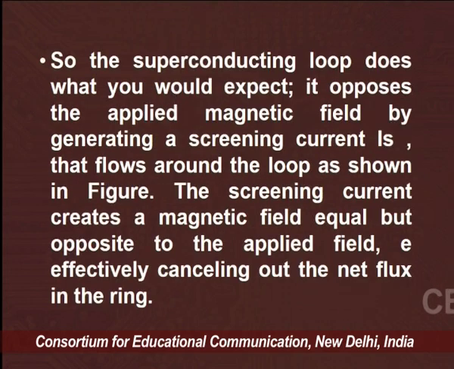So the superconducting loop does what we would expect. It opposes the applied magnetic field by generating a screening current, which is IS, that flows around the loop as we have seen.